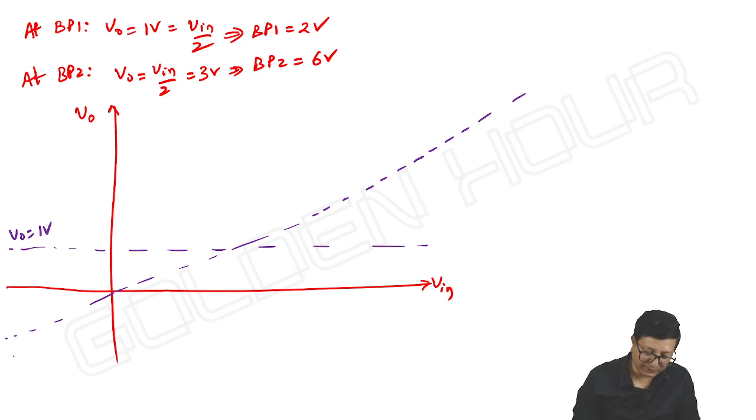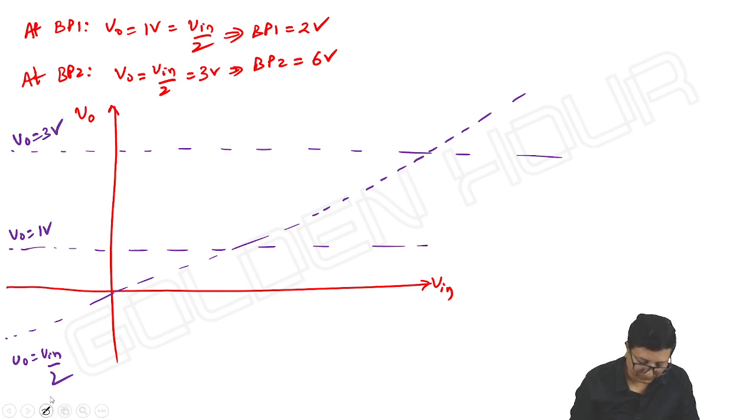And third one is output is equal to 3 volts. Breakpoint 1 is equal to 2 volts.